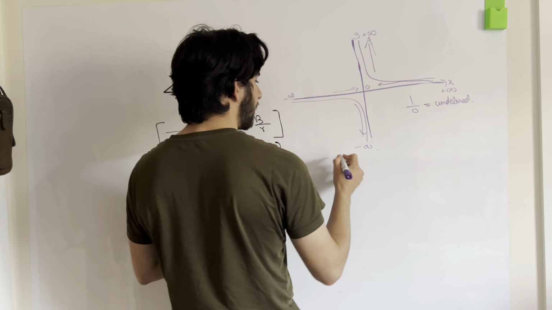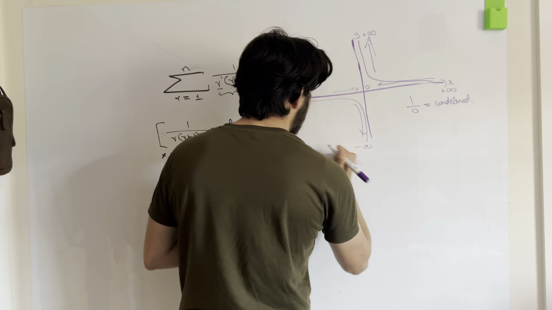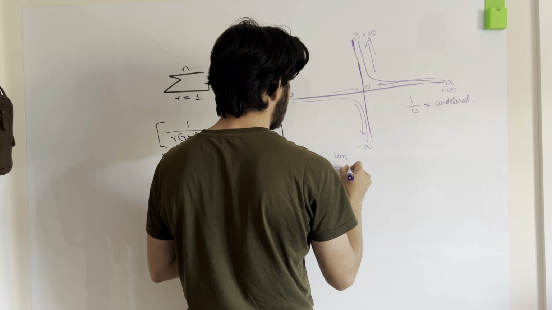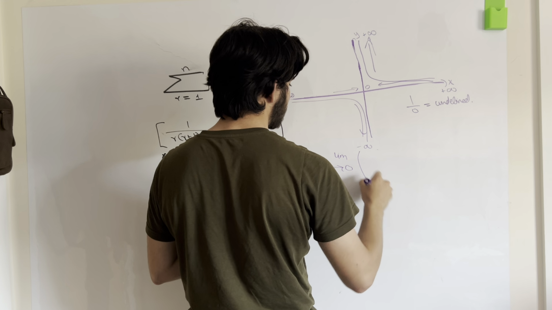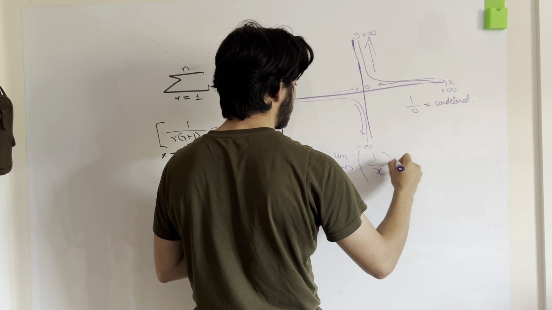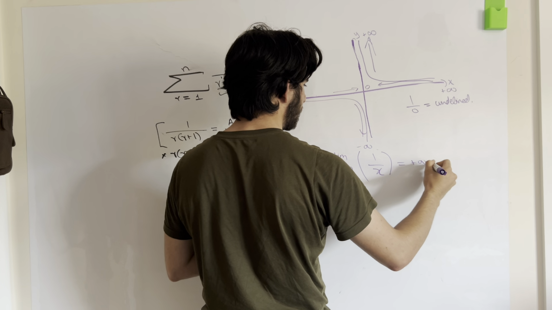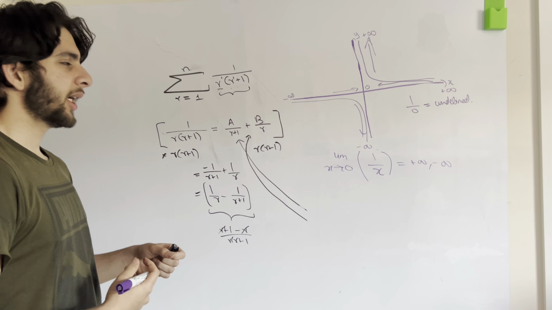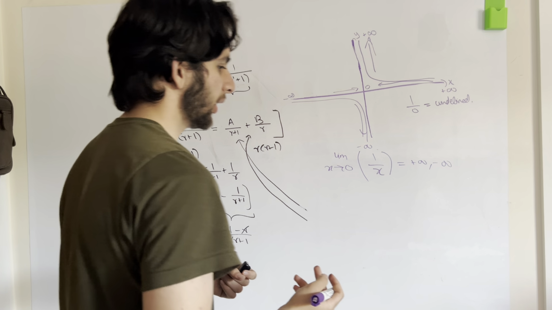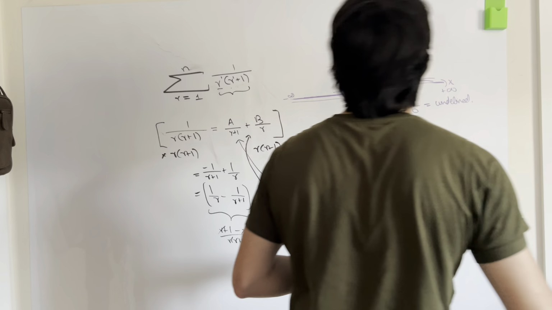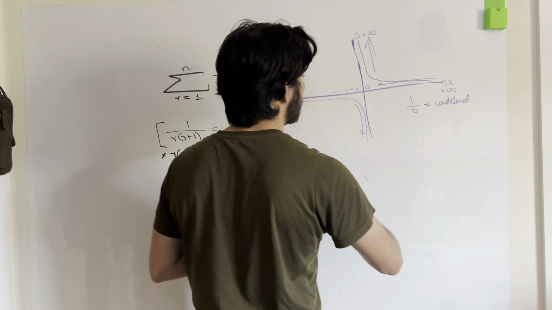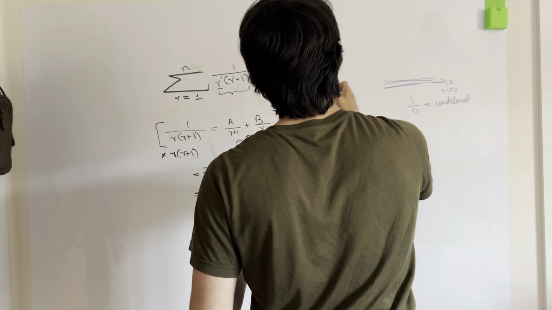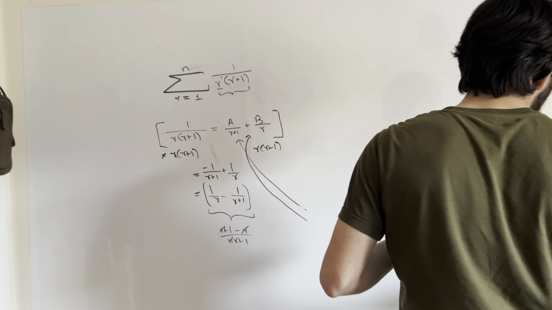So is the limit as x approaches 0, from either side, of 1 over x equal to plus infinity or minus infinity? There is no clear answer as to what that is. Therefore, the value 1 over 0 is undefined, at least within our idea of mathematics.